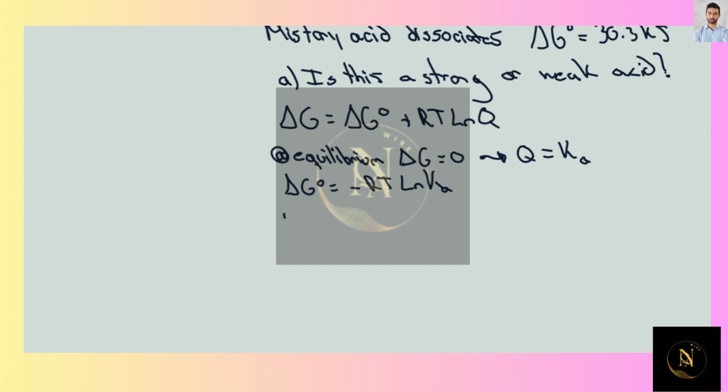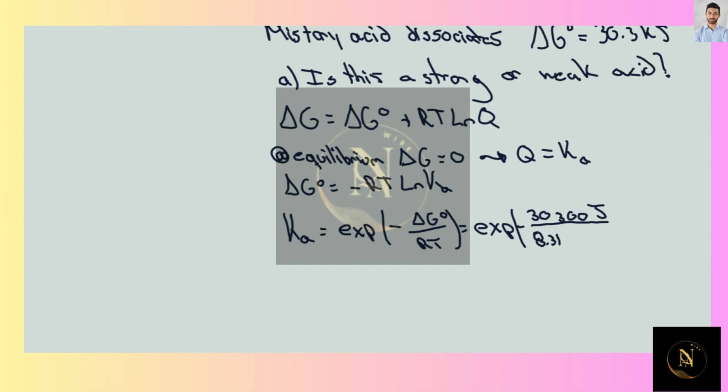So from here, we know that Ka is equal to the exponential of minus delta G naught divided by RT. This becomes the exponential of minus 30,300 joules, where we need to convert kilojoules to joules, divided by R, which is 8.314 joule per mole Kelvin, times the temperature, which is 25 degrees Celsius, corresponding to 298 Kelvin.